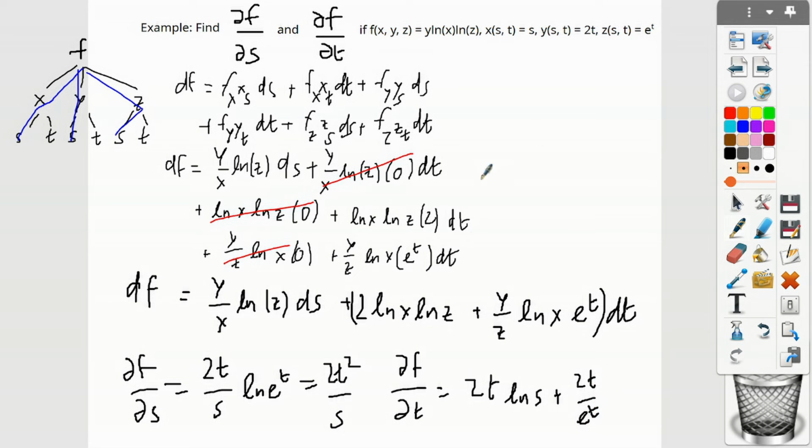What's natural log of x? It's ln s again, and then times the e to the t. So e to the t and e to the t can cancel. 2t ln s and 2t ln s evaluates to 4t ln s. And that is your answer for del f del t.